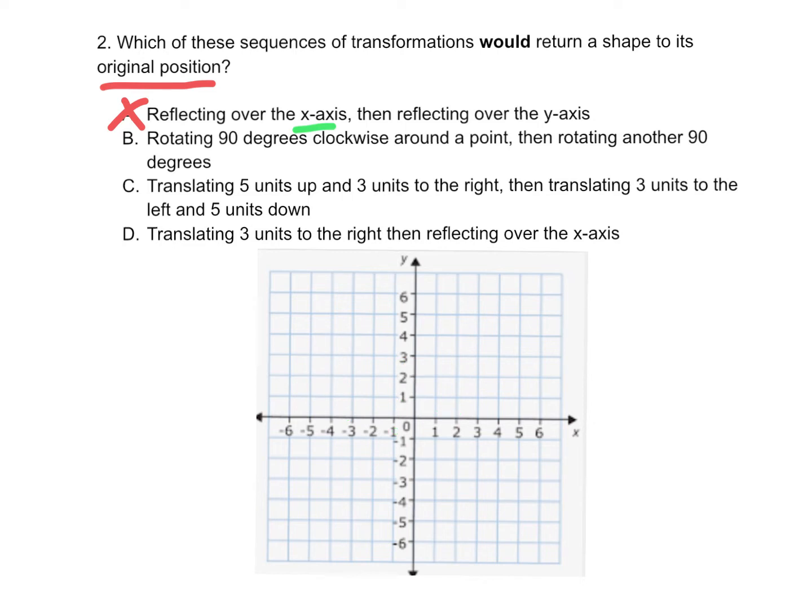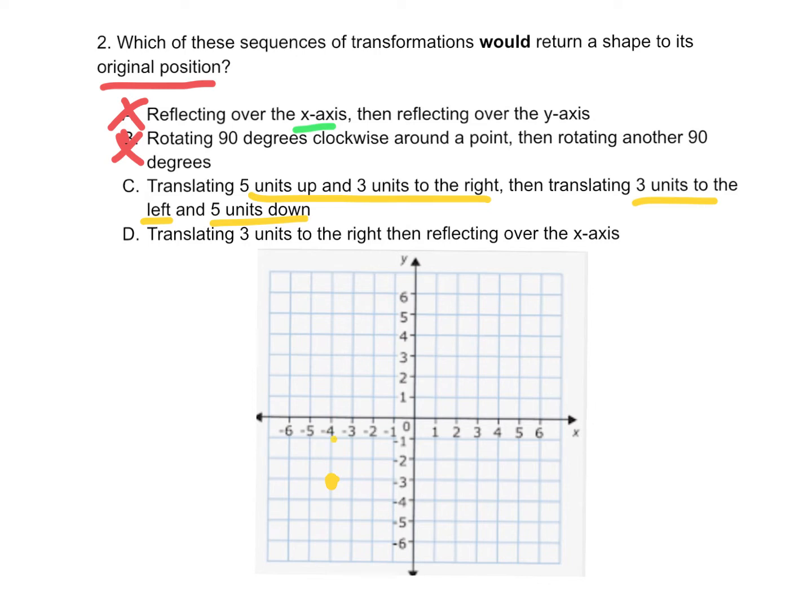All right, choice C. Translating 5 units up and 3 to the right, and then translating 3 units to the left and 5 units down. Okay, so let's maybe just take a single point and let's go 5 up.